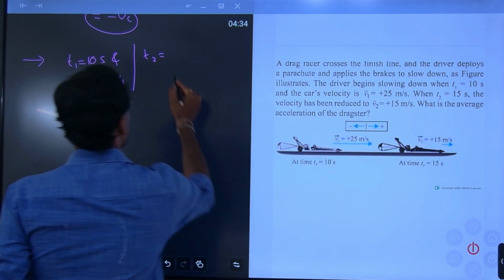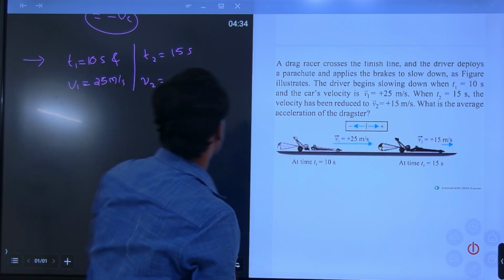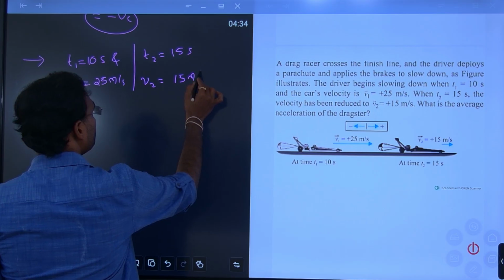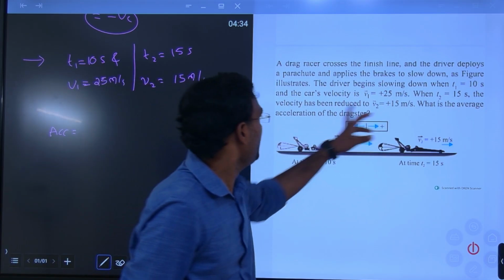At 15 seconds, his velocity is 15 meters per second. Let us say, what is the average acceleration?